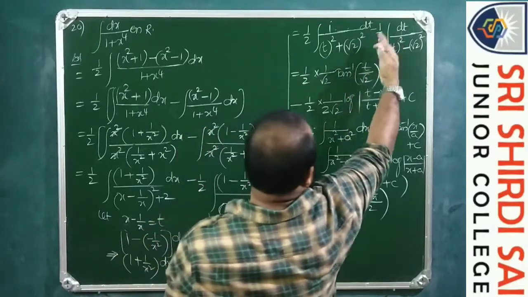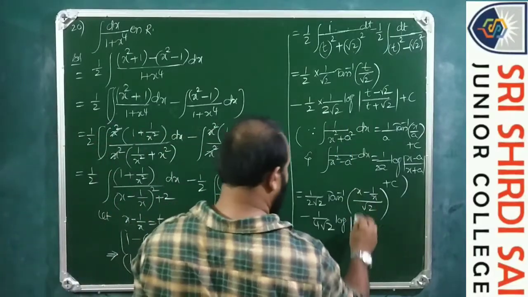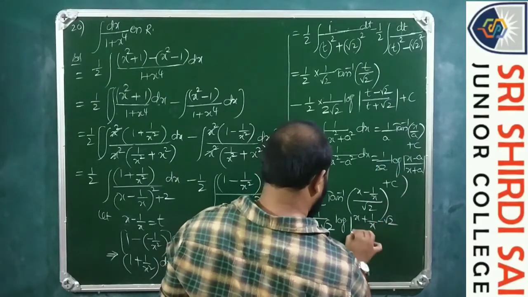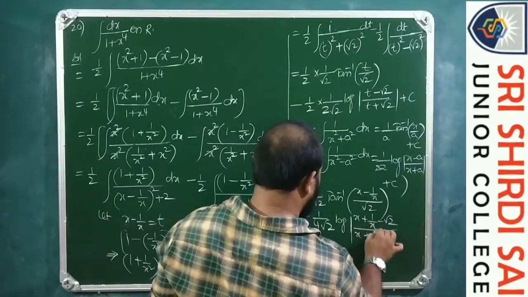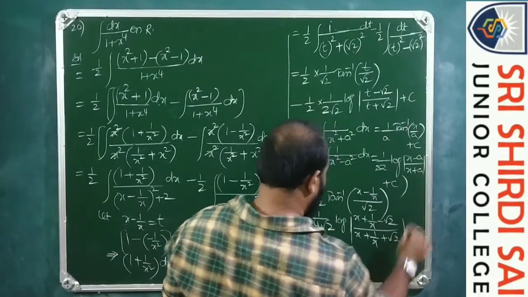In the second part t, I have taken it to be x plus 1 by x. So here x plus 1 by x minus root 2 by x plus 1 by x plus root 2 plus constant of integration c.